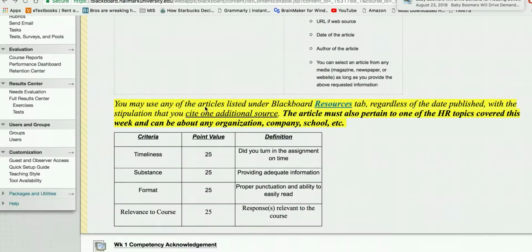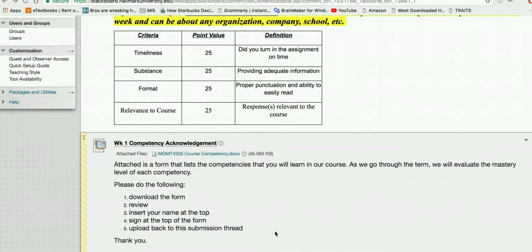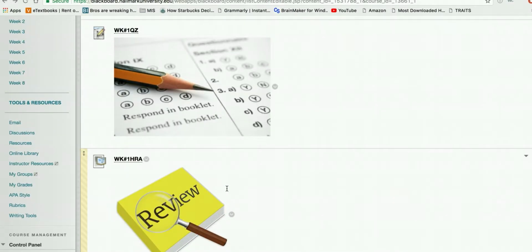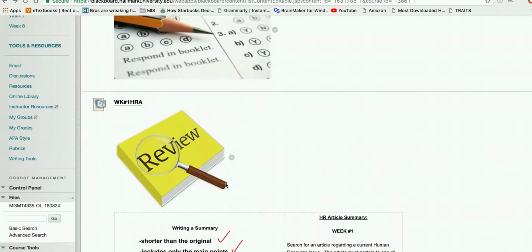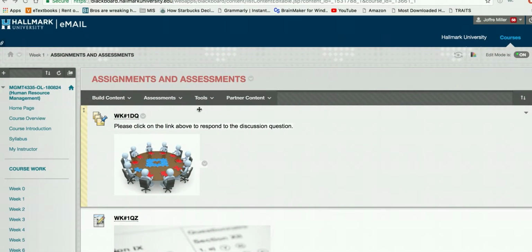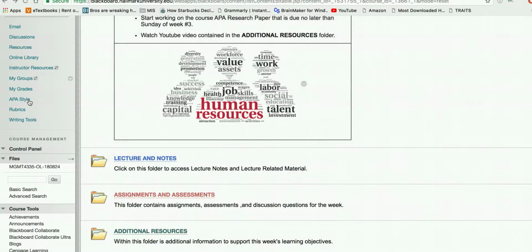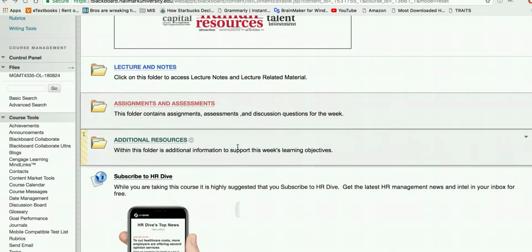So this is the article review, and of course here's a rubric. And down here, there'll be whatever assignments will go all the way down. Of course, competency, most of you have done already. So that's looking at assignments and some of the supplementary things that I have under resources, which you're going to talk even more about.